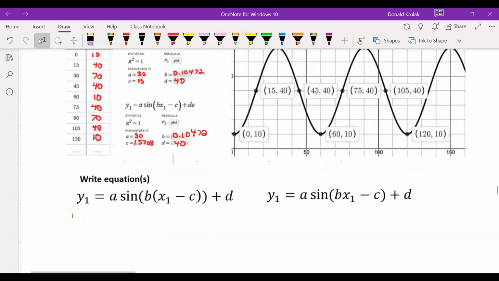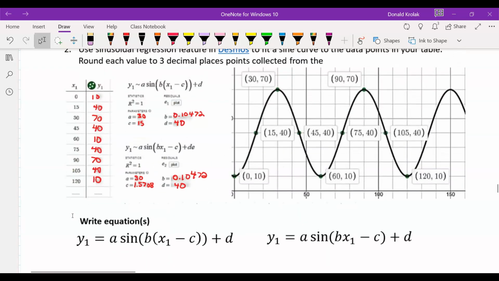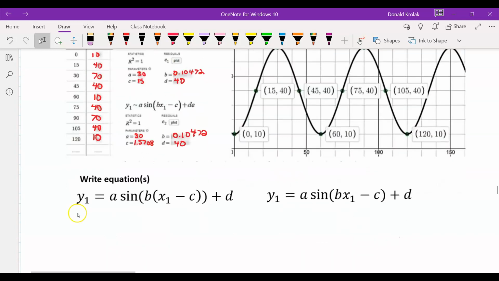And then we've got the two equations. The only difference here is that they're written as decimals. So this would be 30. Now for B in this case, what you would normally do is go out to 3 decimal places. And then this one.